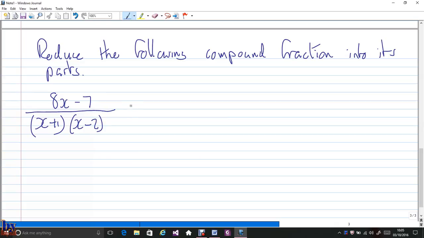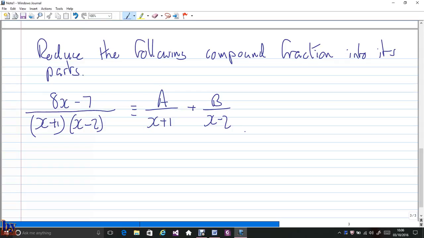Now that is equivalent to, because we don't know what it equals yet, but it's equivalent to this form, A over x plus 1 plus B over x minus 2. So that's taken from that first set of standard partial fractions.